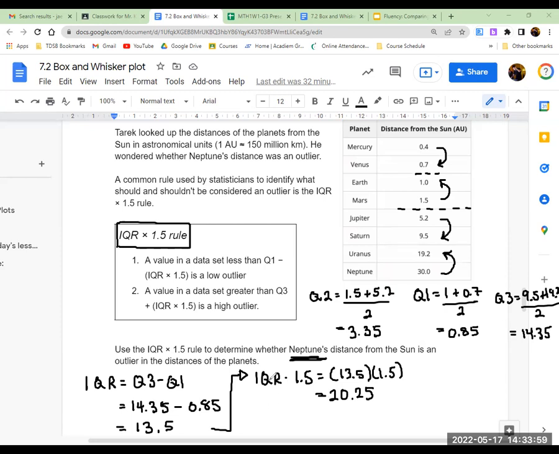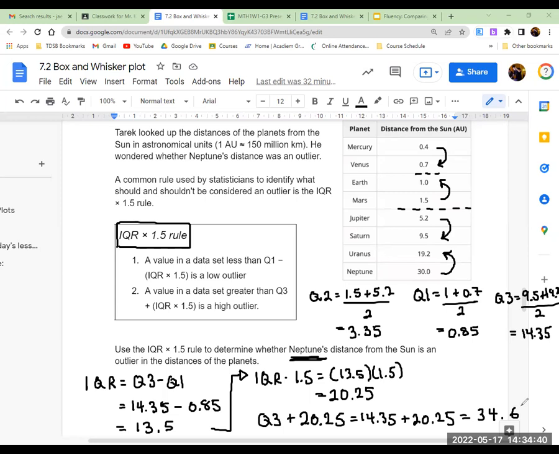Okay, so let's test Neptune. What is Q3 plus the 1.5 rule? Q3, in other words the end of my box, plus the 1.5 rule is the same as saying 14.35 plus 20.25. That gives me 34.6. Is Neptune further than 34.6?